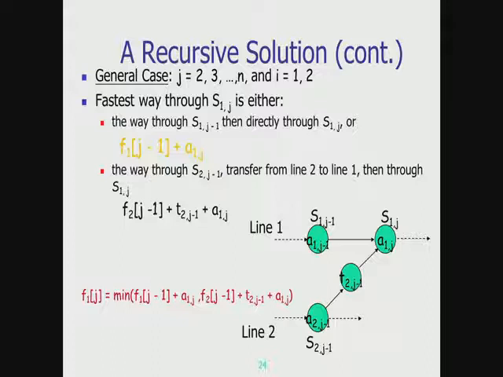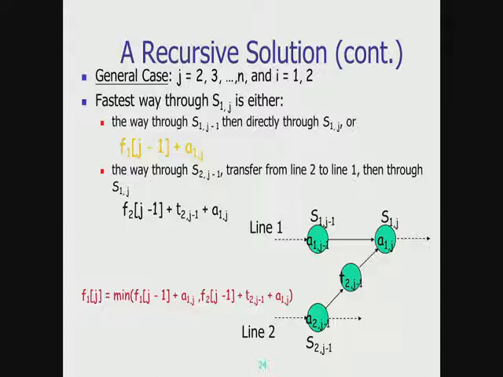Therefore, F1 of j is the minimum of F1 of j minus 1 plus A1j, comma F2 of j minus 1 plus the time to transfer out of the j minus 1th station on line 2 to the jth station on line 1, that is T2,j minus 1, plus A1j.